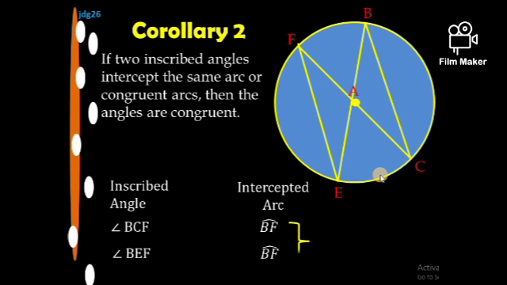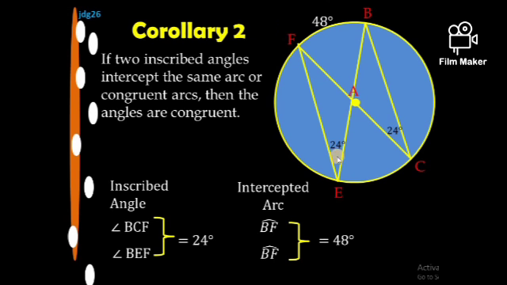So, let's have some example. So, what if arc FB measures 48 degrees? Let us find the measure of angle BCF and angle BEF. So, ito ay 48 degrees. So, kalahati, we have 24 degrees. So, 48 degrees, intercepted arc ito.